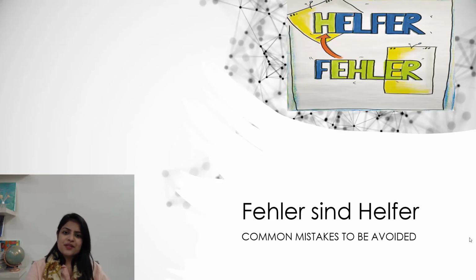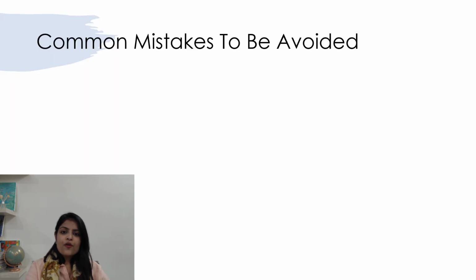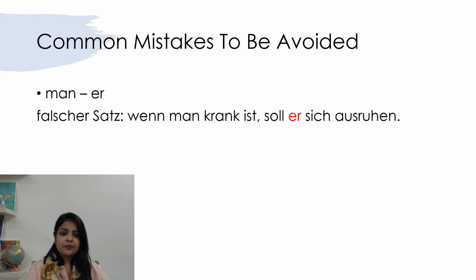So let's start with this PPT. The first common mistake is to exchange man with er. For example, wenn man krank ist, soll sich ausruhen. So over here in the first part we have used man, but in the second part we are replacing it with er.